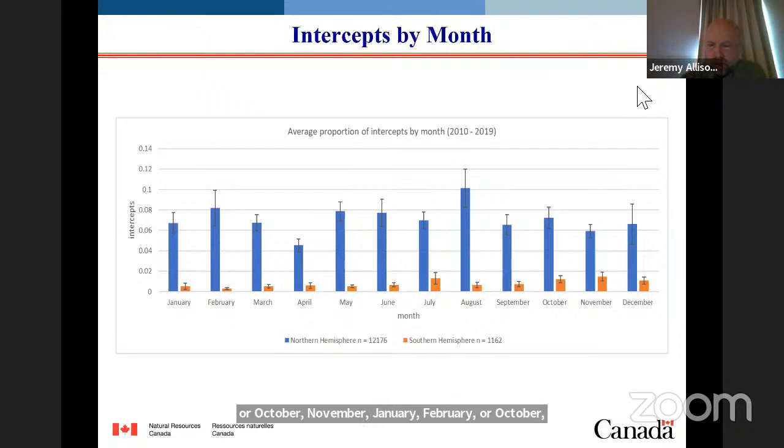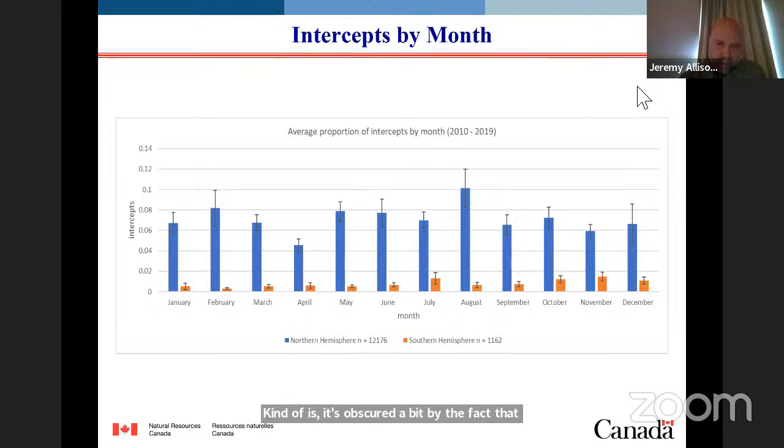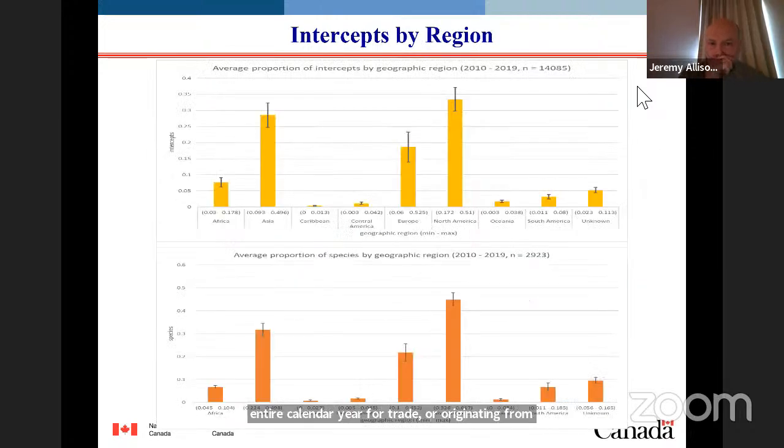It's obscured a bit by the fact that the axes are biased towards the northern hemisphere, because there's so much more trade and interception there. We do see a bit of a pulse with the summer months for the northern hemisphere trade. But again, still fairly constant propagule pressure the entire calendar year for trade originating from both the southern and northern hemispheres.